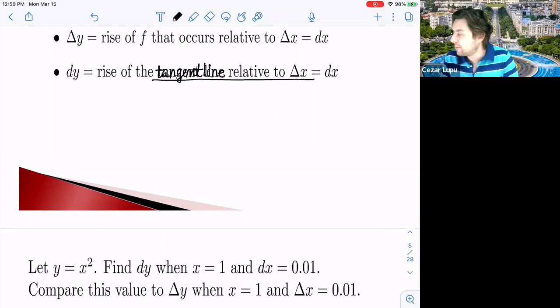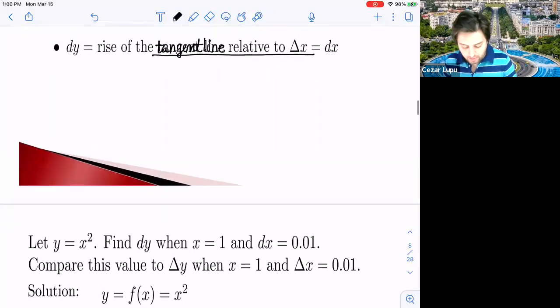So what should we do first? Yes, Dylan, you want to say something? So what should we do first? Exactly. So we need to differentiate. We need to differentiate first x squared.